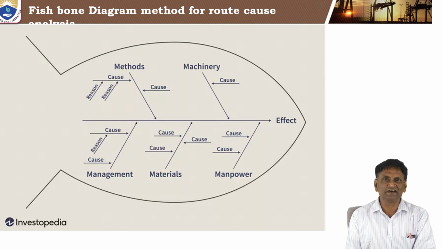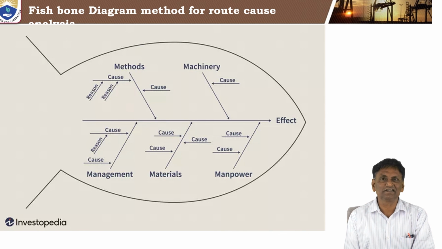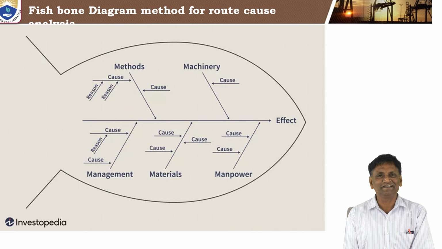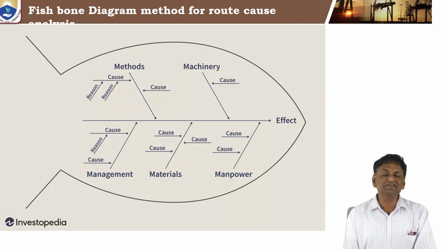If you take an X-ray picture of a fish, inside you will see all the bones like this. When they drew this chart, they realized it is like a fishbone, so they named it the fishbone. Aptly named. In this, for any problem, they'll put what caused the problem.